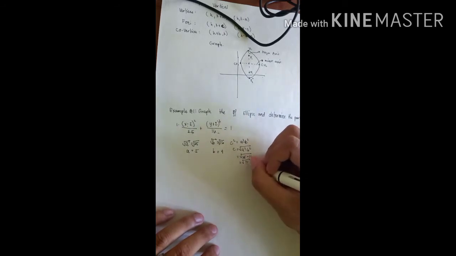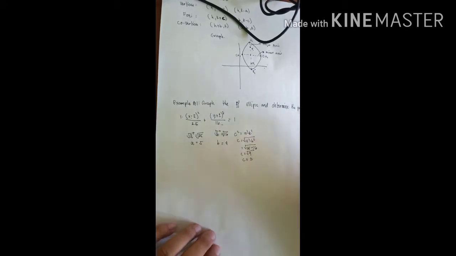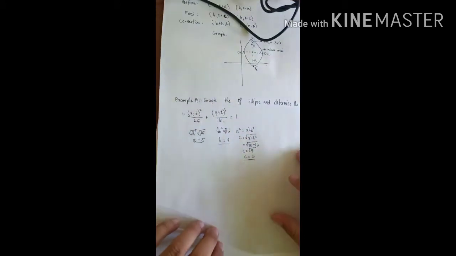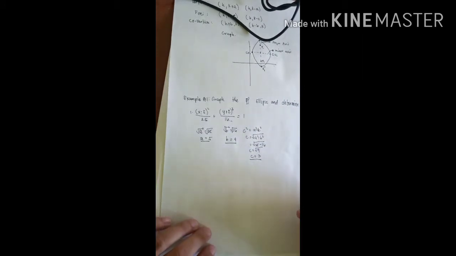So, square root of 9, our c is equal to 3. Okay? So, since we have these values, we are now going to determine the parts.